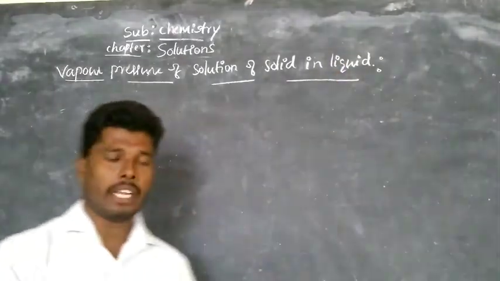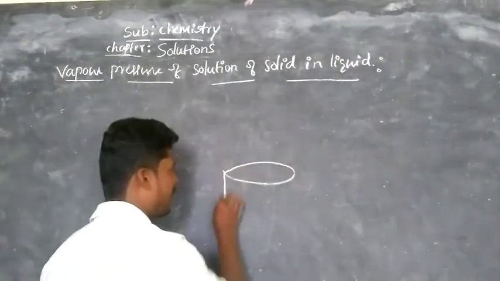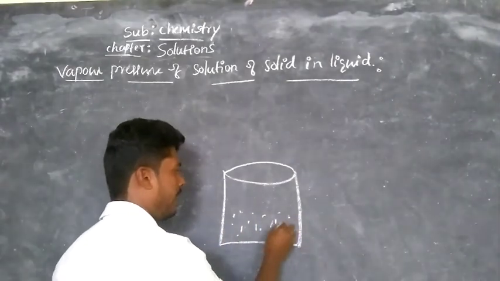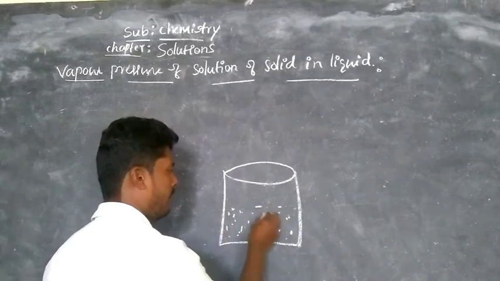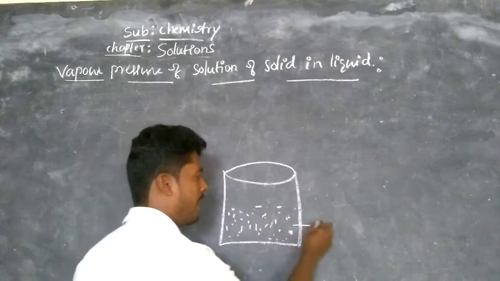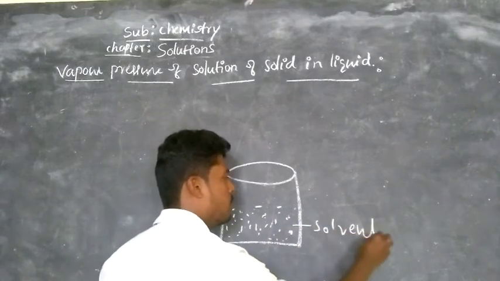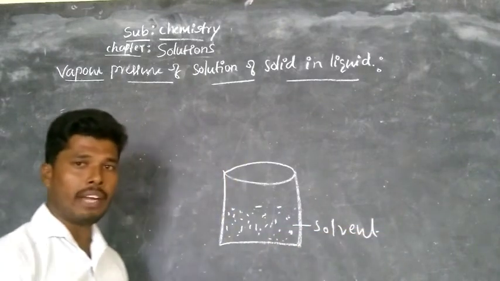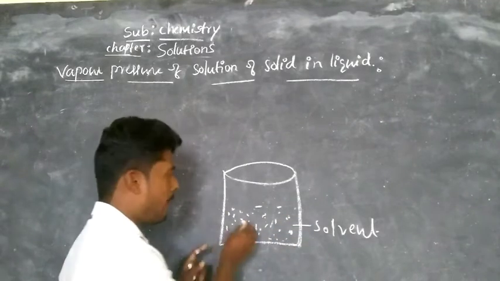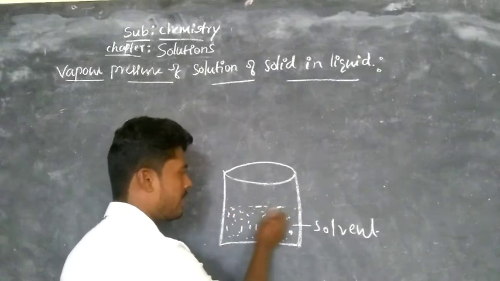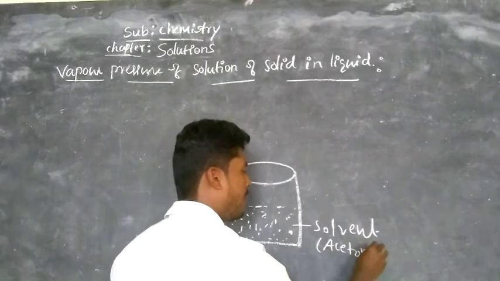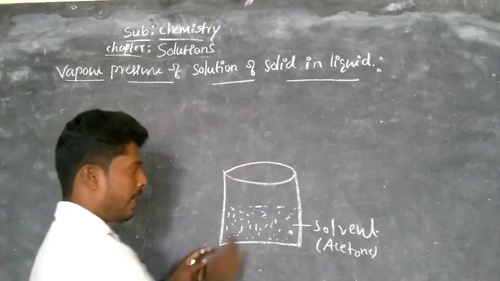Now observe, if you take a closed beaker containing a liquid as a solvent, so it is a pure solvent. Here, by absorbing heat from the surrounding, take this solvent as water, or take acetone in a closed container.